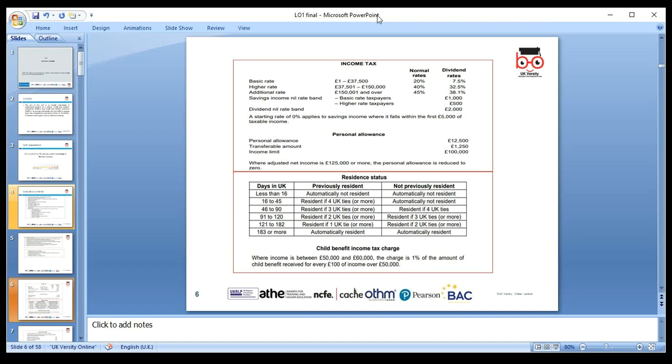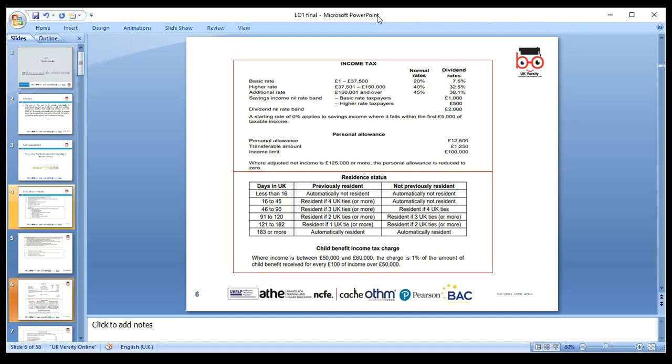Is it clear? We all clear? Okay, then will the personal allowance always be the same? What do you think? It varies depending on the mood of the Chancellor of the Exchequer. It changes really.